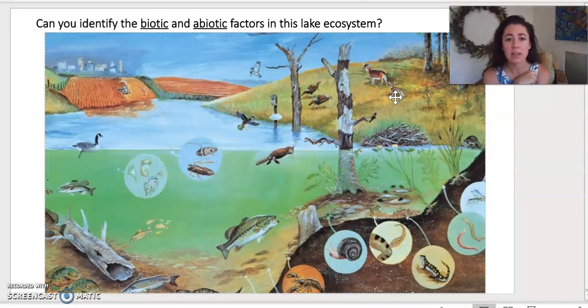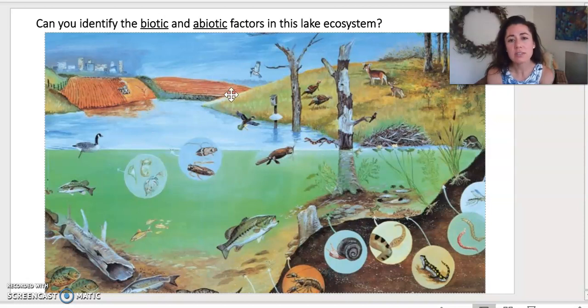Now let's shift and look at my abiotic factors. Well, I have water, of course, and I could even consider the pH level of the water or what's in the water if it's not living as a biotic factor.